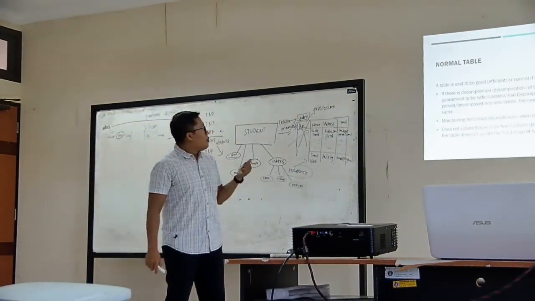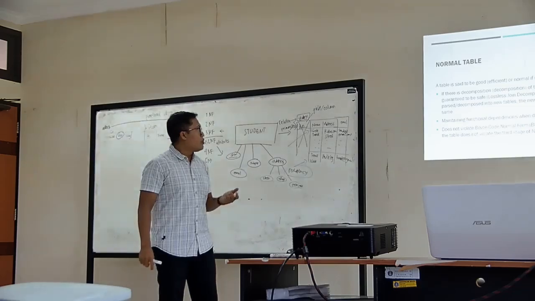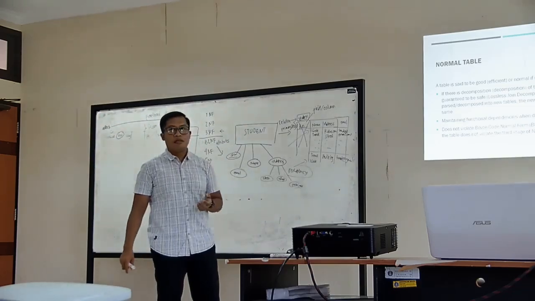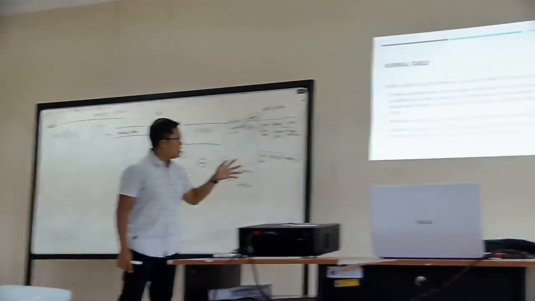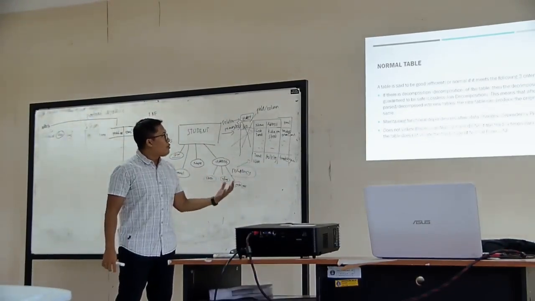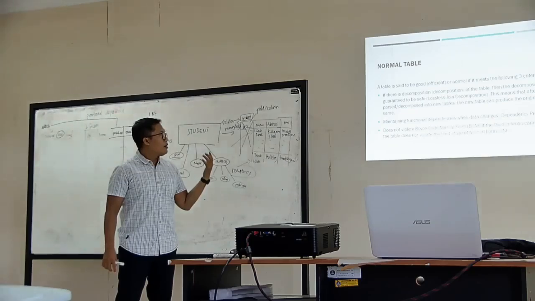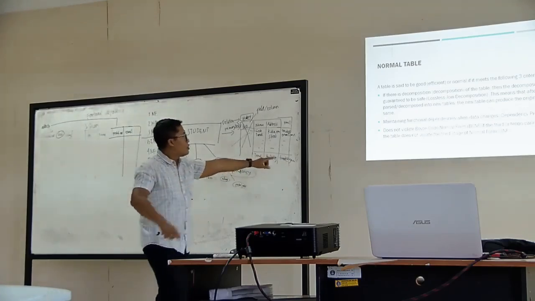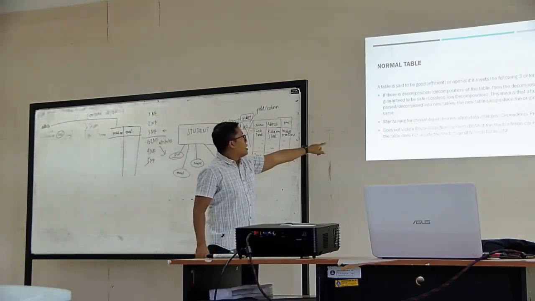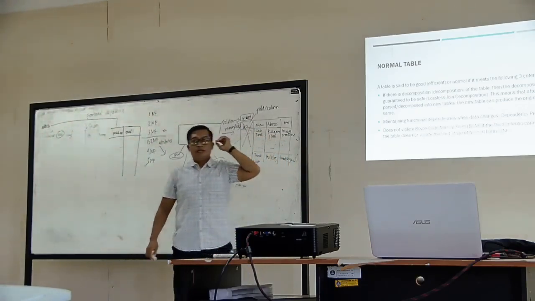Okay, and then maintaining functional dependency when data change. Dependency preservation. Data must not violate Boyce-Codd normal form. At least the table must not violate the third stage.